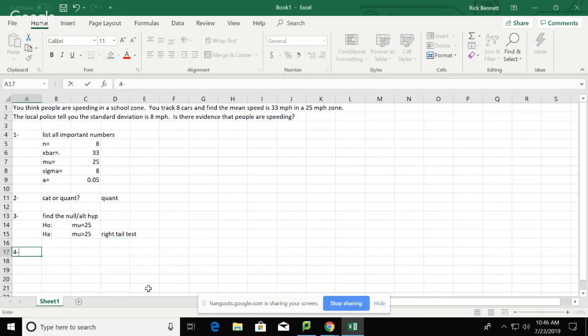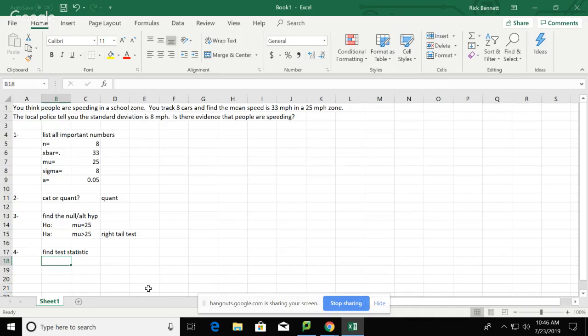Step number 4. What is step number 4? Pick the correct test and calculate it. So find the test statistic. In order to do that, we've got 5 options, but today's homework is only going to be one option.